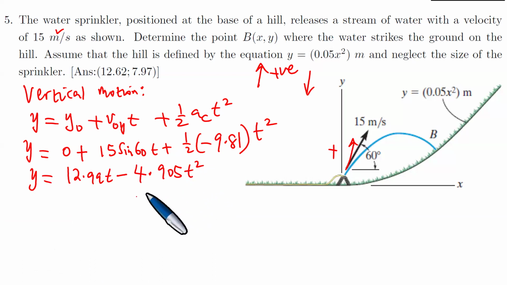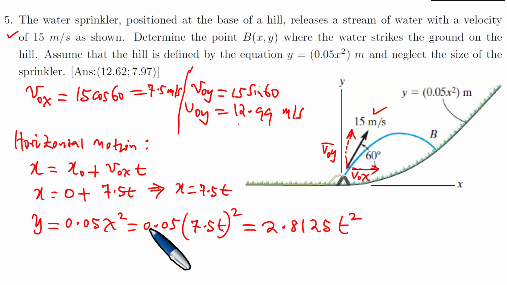4.905. Then we have exactly our t squared there. Upon careful examination, what actually do we have here? We need to remember that this gives us an equation we can call equation 2, but we have another equation from the horizontal motion, equation 1, where y is equal to this.